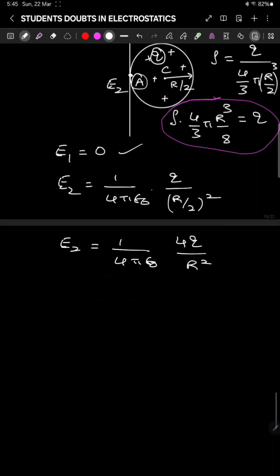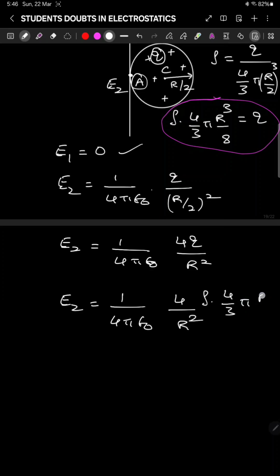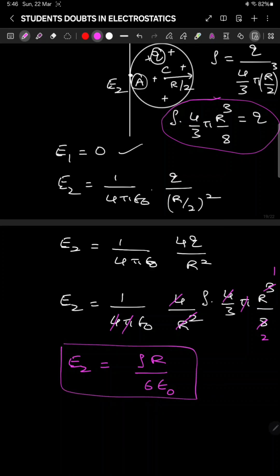Now, what happens to E2 value is 1 by 4 pi epsilon naught, 4 by capital R square, small q value rho into 4 by 3 pi R cube by 8. So we can do further simplification. 4 pi cancel. This is E2.